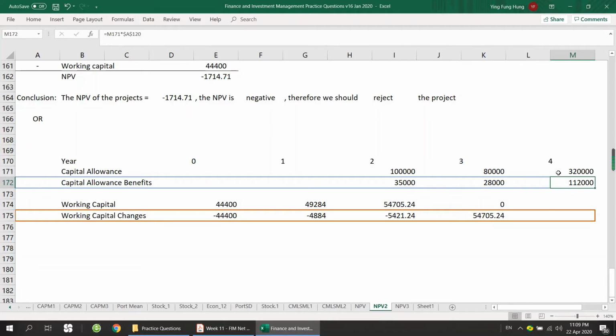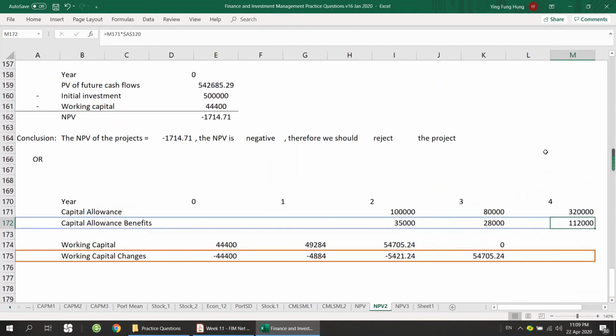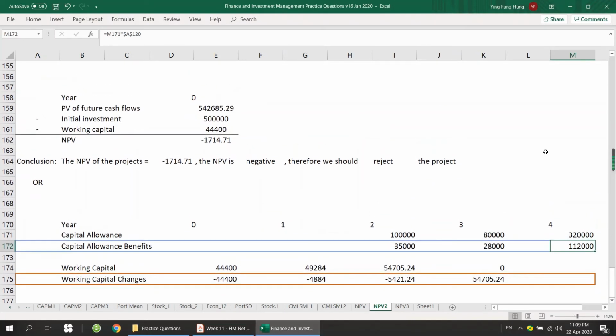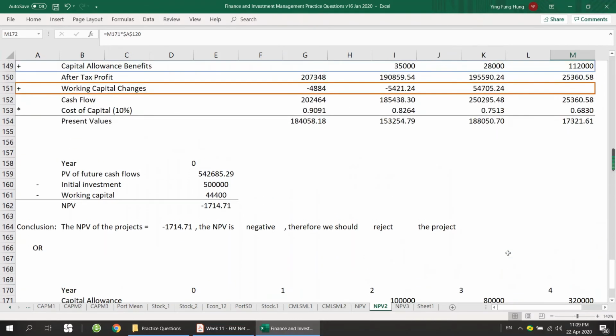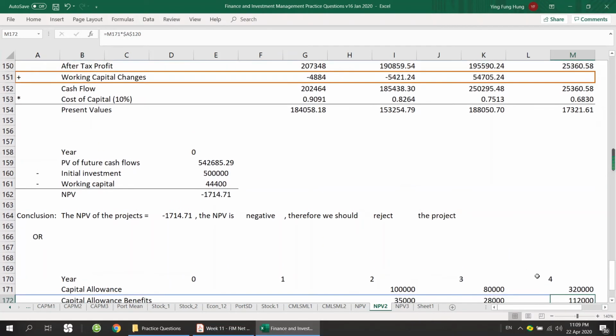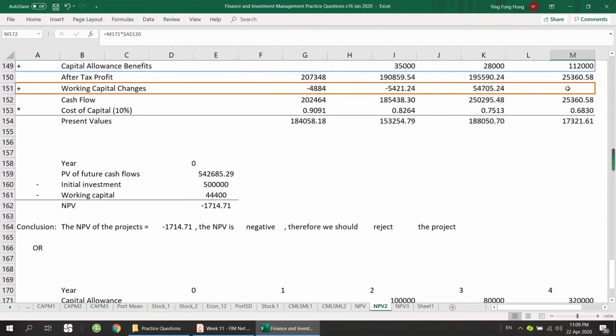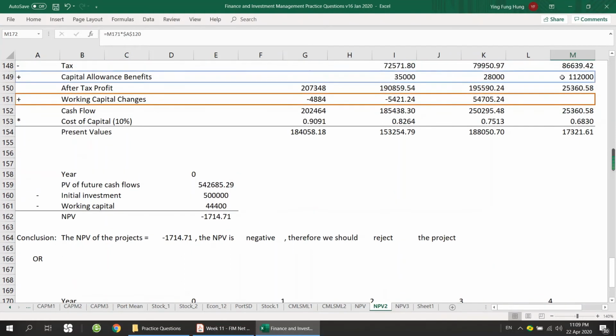That is the reason why these numbers here are in year 4. So no matter whether you are doing the 1-step or 2-step method for the capital allowance, you will both get the same number, as you can see. And therefore it will also lead to the same answer for the after-tax profit.